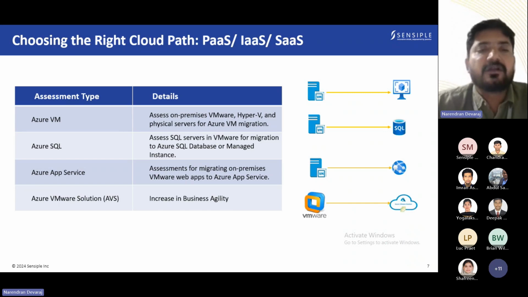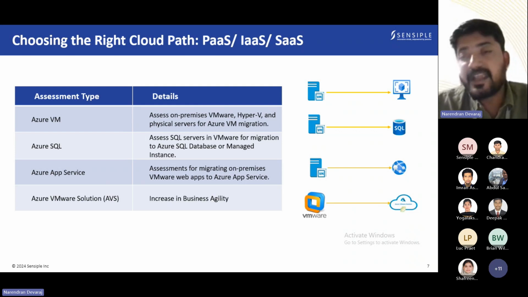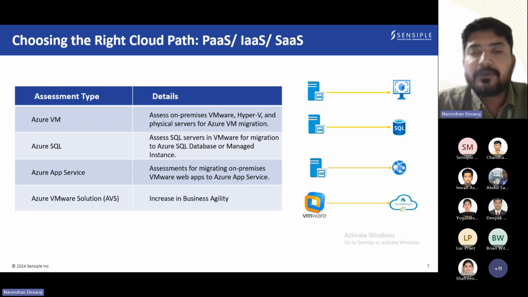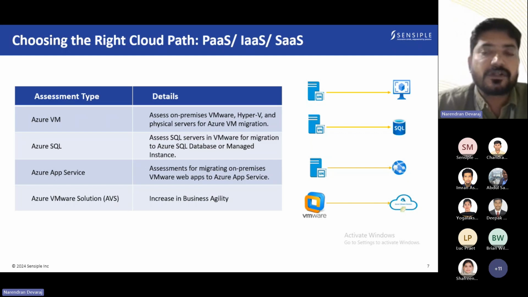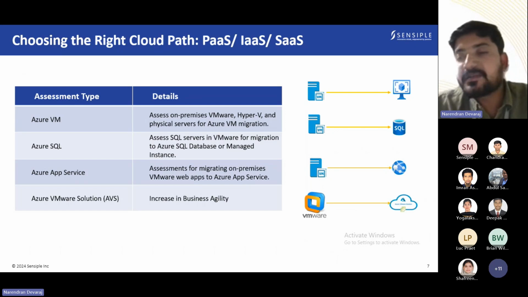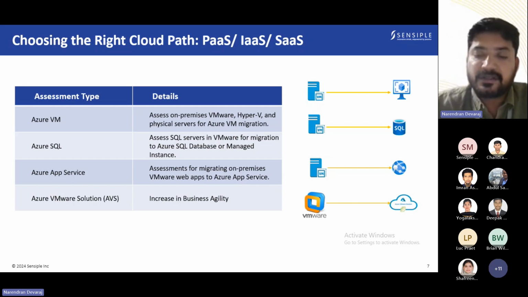You can migrate it to Azure and utilize the App Service or App Service Environment, which can help you drastically reduce your cost and your maintenance. And as we discussed in the previous poll, you could see that Azure VMware Solution increases business agility, where you can migrate your VMware as a bare metal solution, integrate both, and run both environments from a single UI.